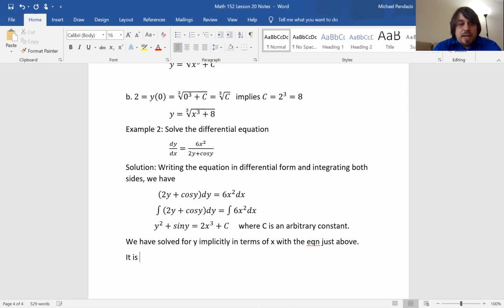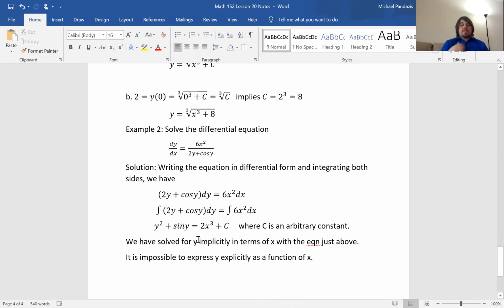Okay, so it is impossible to solve this equation, it is impossible to express y explicitly as a function of x. And since it's impossible, we have to solve for y here implicitly in terms of x.